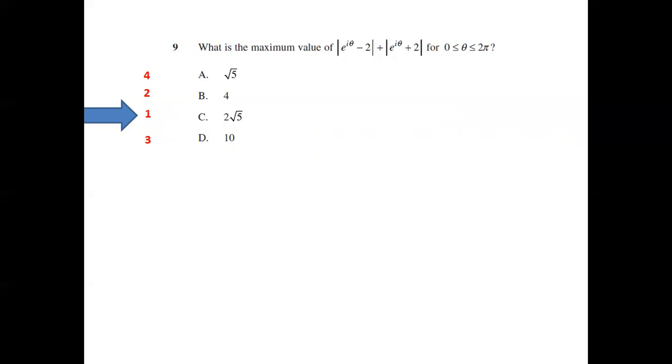They substitute into it and find the modulus. It should end up with 2 root 5. Or they could change e to the i theta to cos theta plus i sine theta and simplify the expression, and they will realize that the maximum value is 2 root 5.